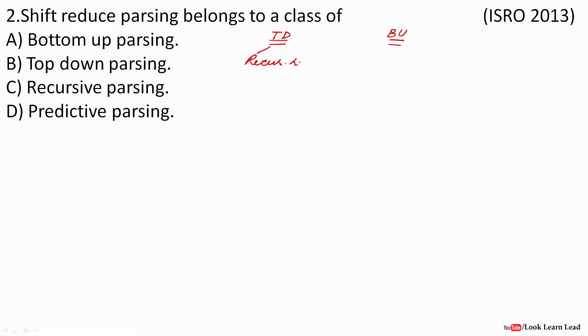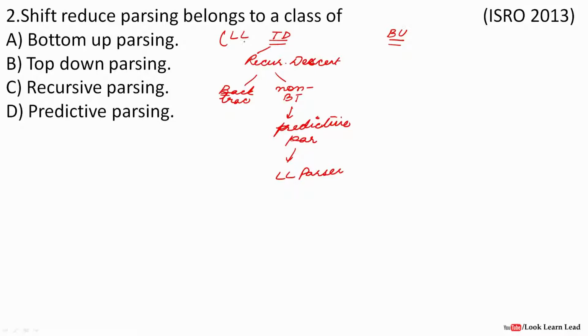This recursive descent is of two types, backtracking and non-backtracking, and this non-backtracking is predictive parser. This predictive parser is further called LL parser. So when we talk about top down, we will be calling it LL parsers.